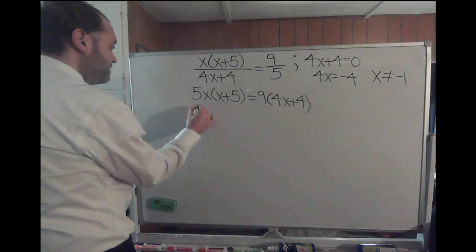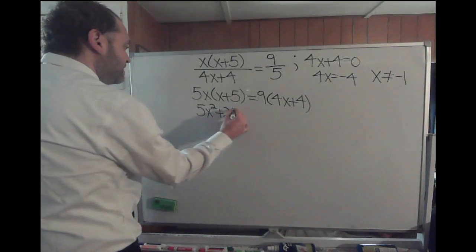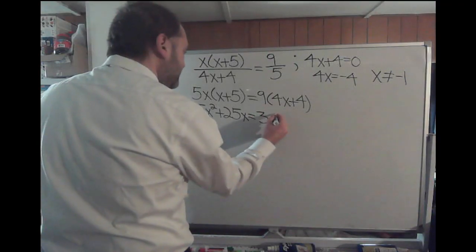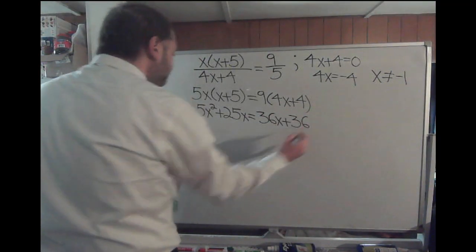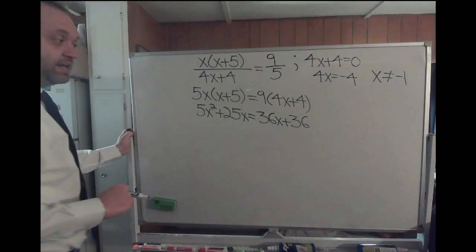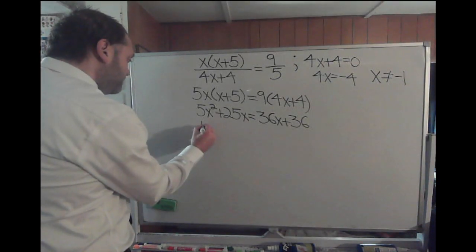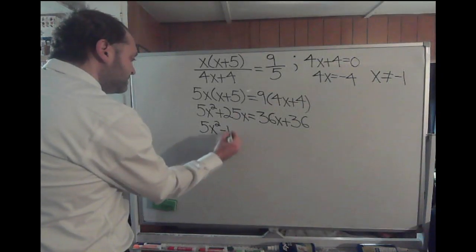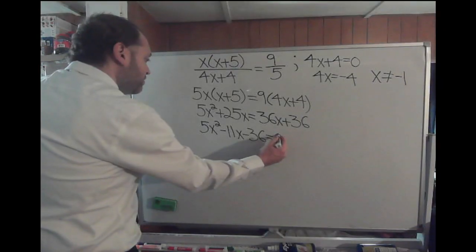On the left side, you'll get 5x to the second plus 25x would equal, on the right side, 36x plus 36. Which, let's simplify this now. We're going to have a quadratic equation to solve. Nothing cancels out readily. So you'll end up with 5x to the second minus 11x minus 36 equal to 0.